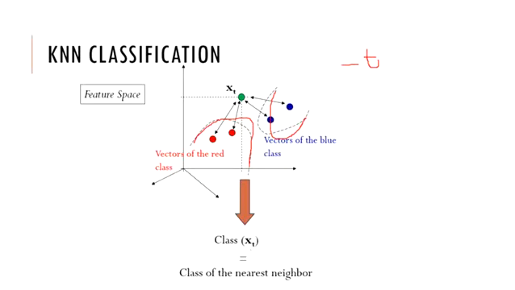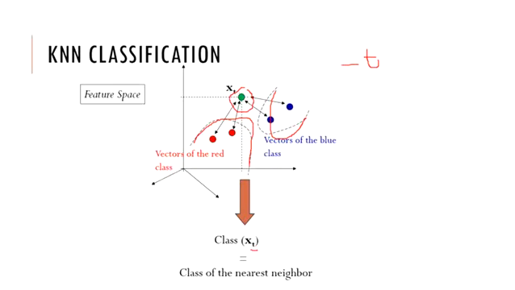Then the new example comes. With this example, we are not sure if this is part of the red ones or part of the blue ones. So what we do is we find or measure the distance of the green example with all of the red ones and all of the blue ones. And then we see if green resembles the blue more, or if it resembles the red more, if it is closer to the red ones or closer to the blue ones.